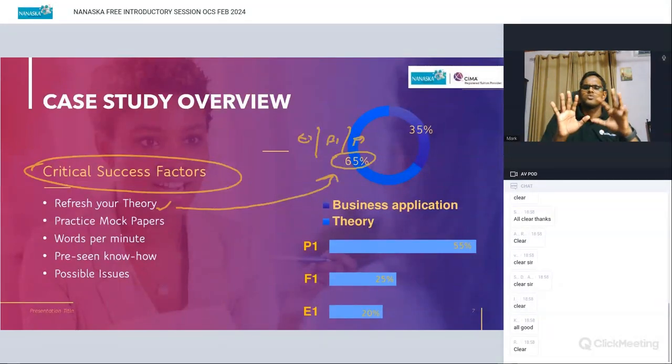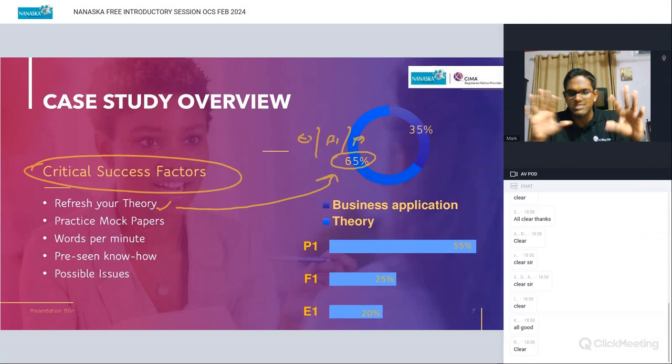Because without theory, I have to tell you the truth, without knowing the theory, it is very difficult for you to pass this exam. Extremely difficult. So don't go there. Familiarize yourself with the theory, and the balance 35% is about applications, which you will easily develop when you do the mock papers.